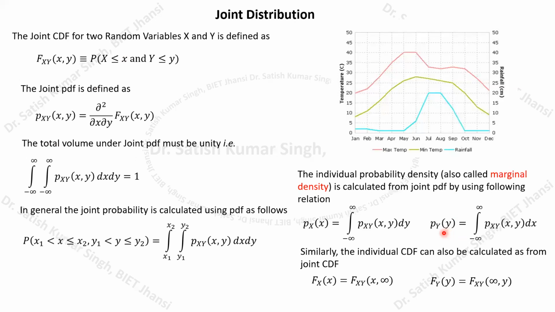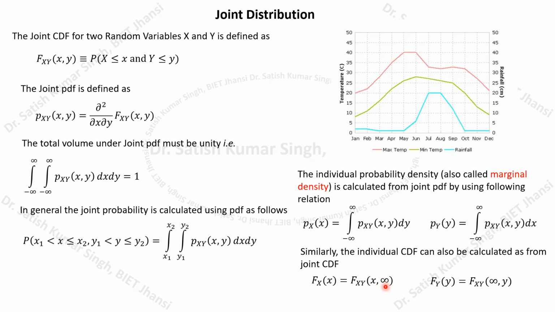Now, similarly, the individual CDF can also be calculated. Suppose we have the CDF expression. If we want to calculate F_X(x), this can be calculated from the expression for F_XY: F_XY(x, infinity). What does x comma infinity mean?